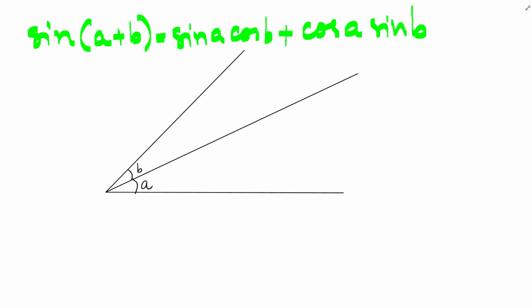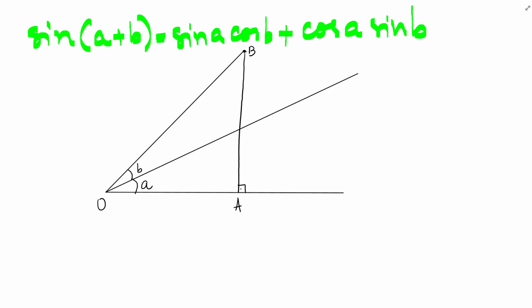And then I'm going to construct from this point down a right angle. So that's a perpendicular line. Let's call this triangle AOB.